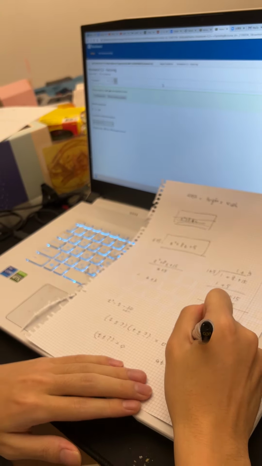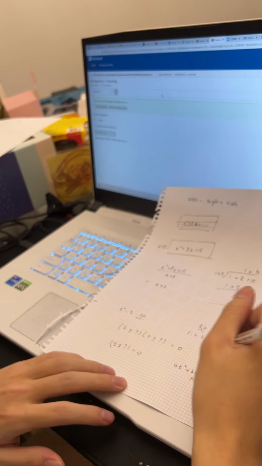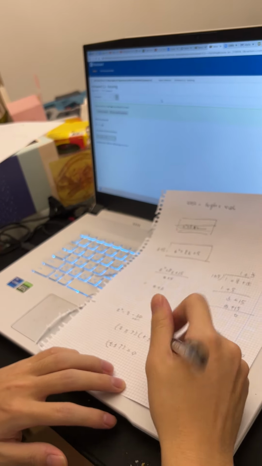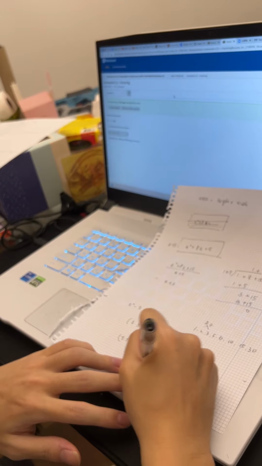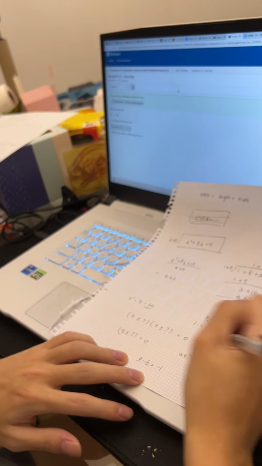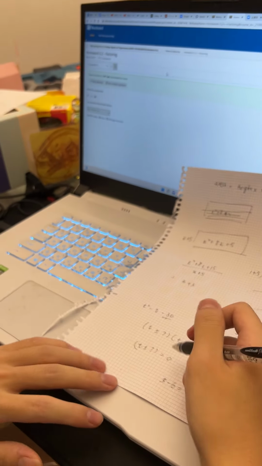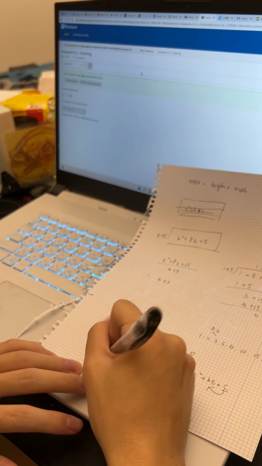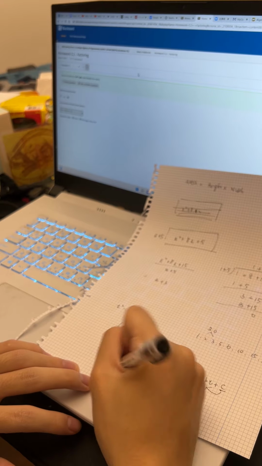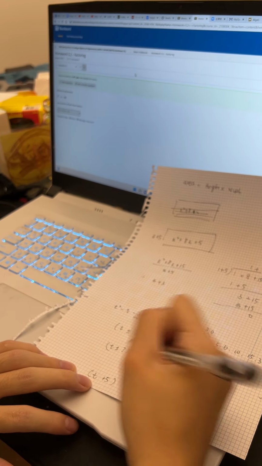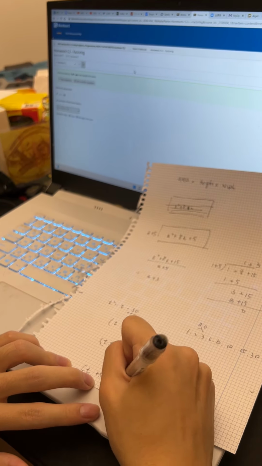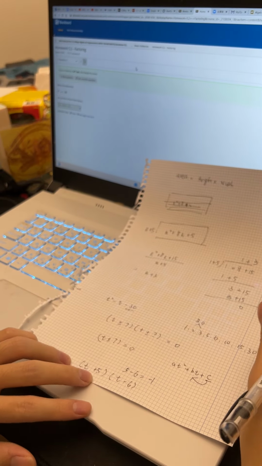So we then choose 5 and 6, where 5 minus 6 will become -1, which will fit the negative t here. So the answer will be t plus 5 times t minus 6. And the answer is here.